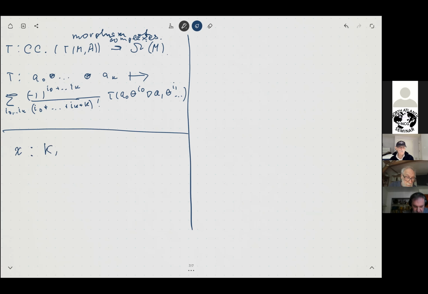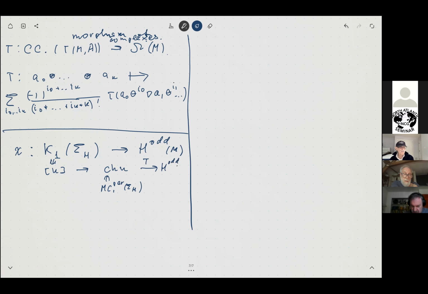So from K1 of our principal symbol algebra to the cohomology: if you start with the class of an invertible element here, say a Heisenberg elliptic symbol, it maps into the Chern character, an element of cyclic periodic homology, and then via the map T, it maps into the homology of M.